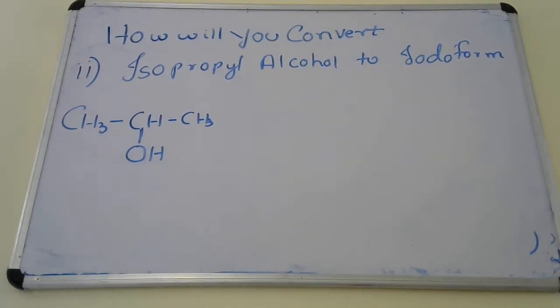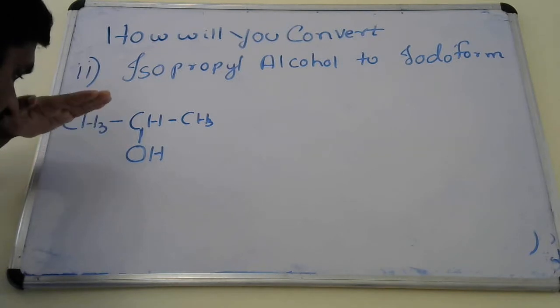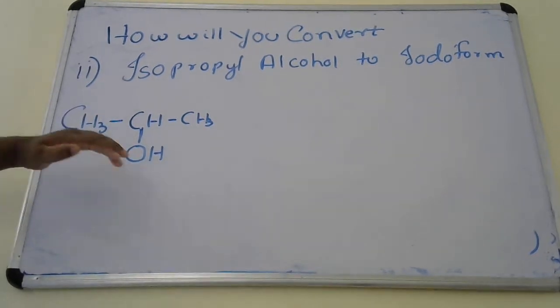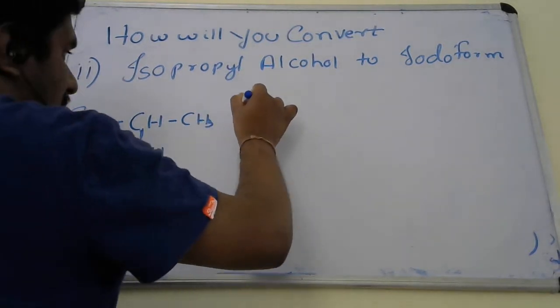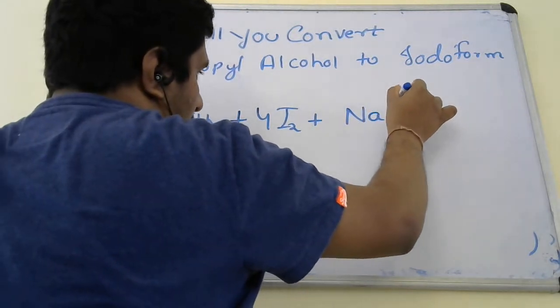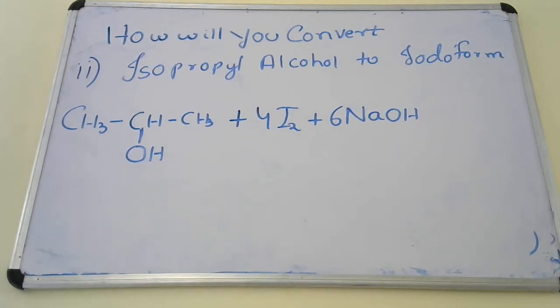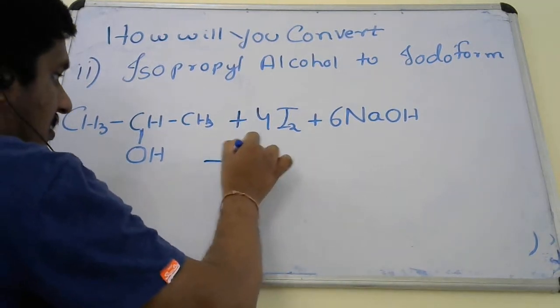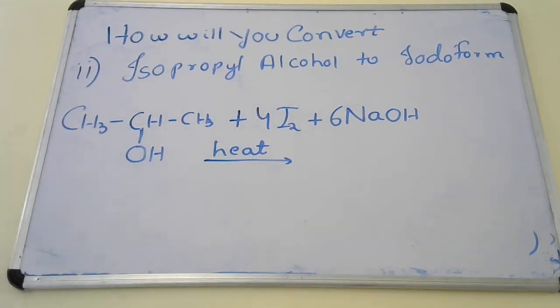Now there is a particular reaction called the iodoform reaction. What happens in the iodoform reaction? Isopropyl alcohol is treated with iodine and NaOH and heated.